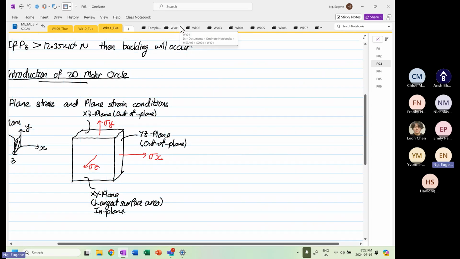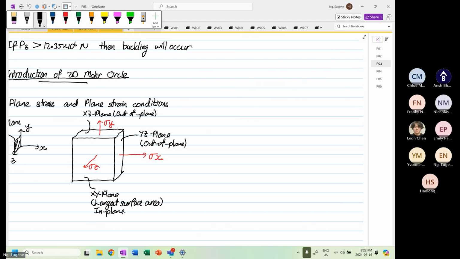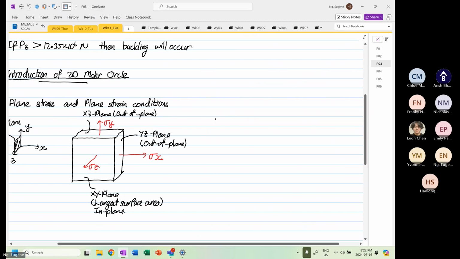Okay, and then from here, I'm going to tell you what a plane stress condition is. Okay, I'm going to draw. In a plane stress condition, it's usually stress X and stress Y not equal to 0. However, stress Z is equal to 0.